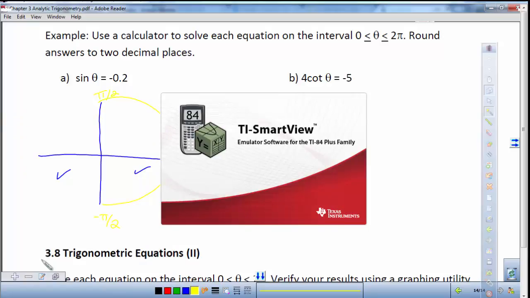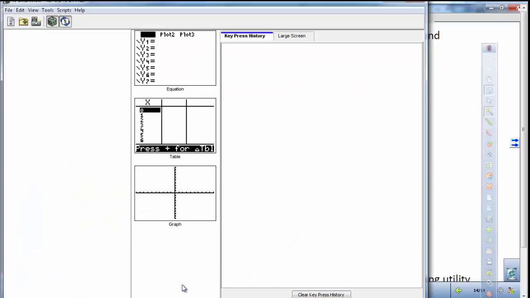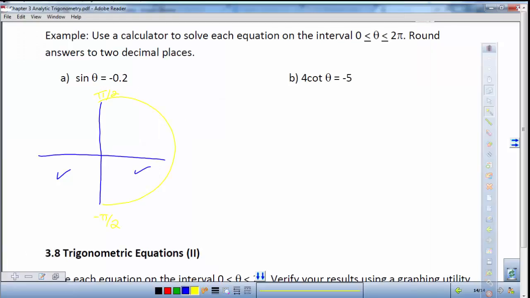Does everybody understand why we're going to do sine inverse? This is the same thing as saying theta equals sine inverse of minus 0.2. Okay, theta equals sine inverse of negative 0.2.